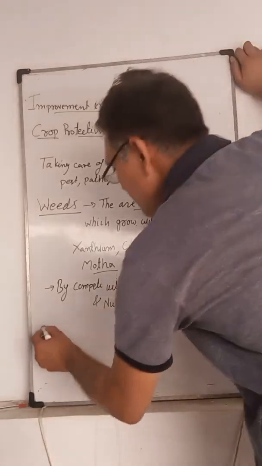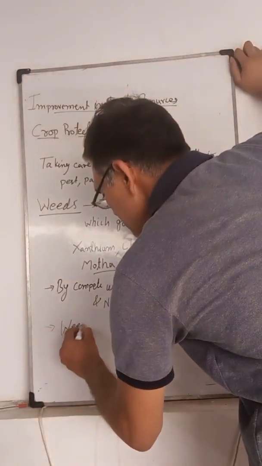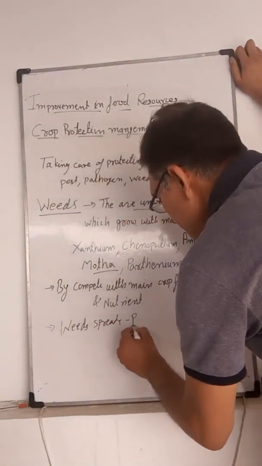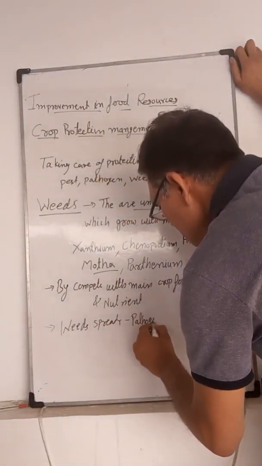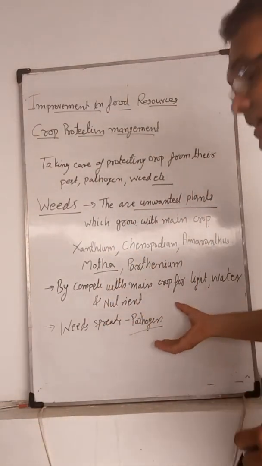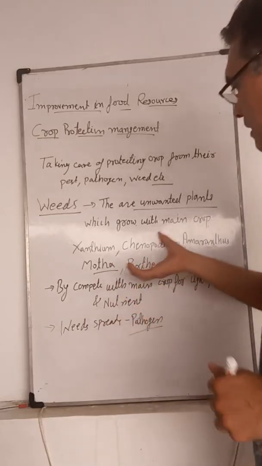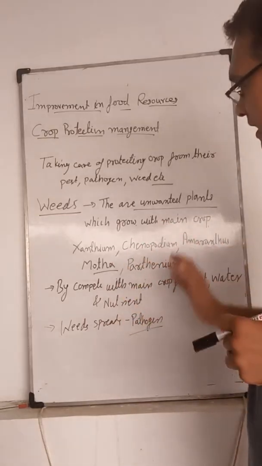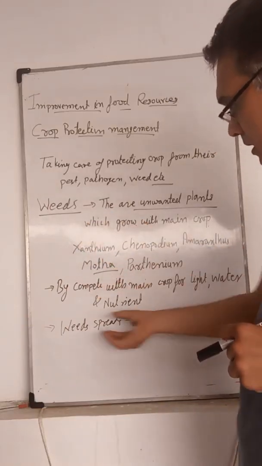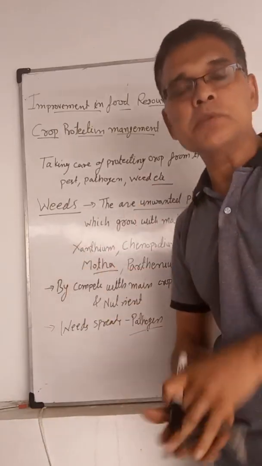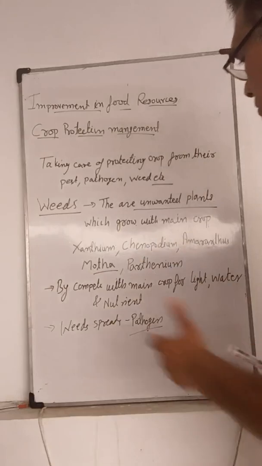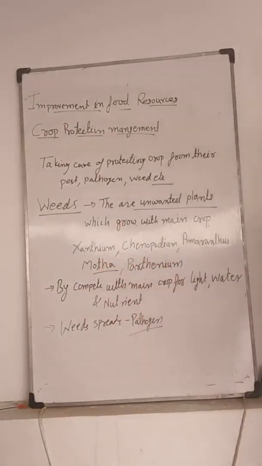Weeds spread pathogens, that is disease causing agents. How do they spread? These weeds are alternative hosts of these pathogens. Whenever the main crop is not there, these pathogens live on these weeds, and whenever the main crop is there, they transfer the disease-causing agent to the main crop.